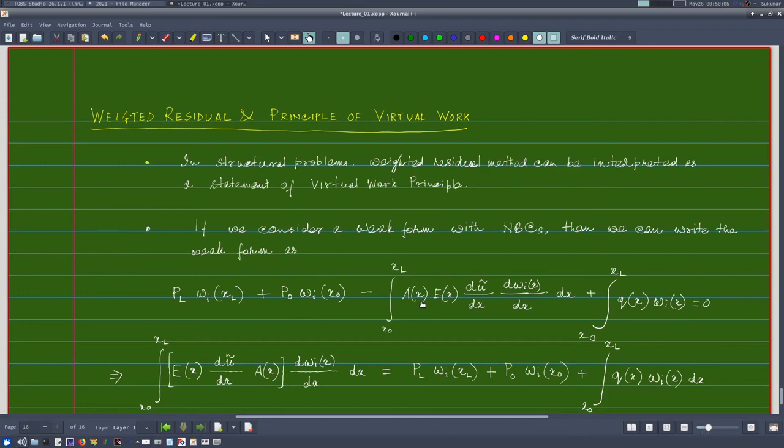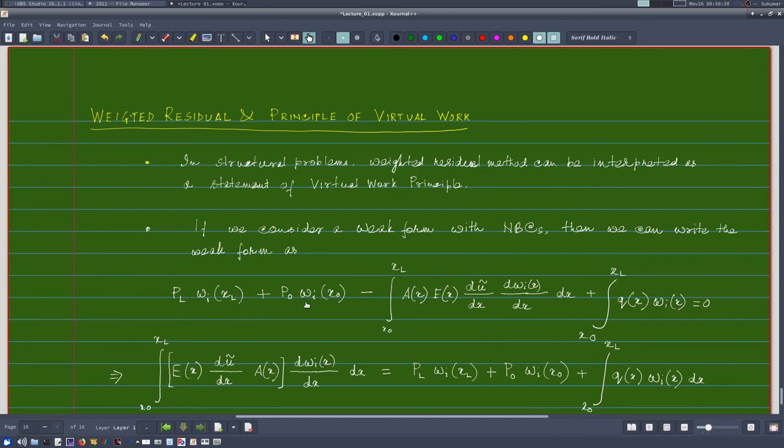Then I will take this term towards the other side, so it will become positive, and I am writing this as the integral of E times du tilde dx times delta, into A, into dx. This must be equal to the sum of these terms.